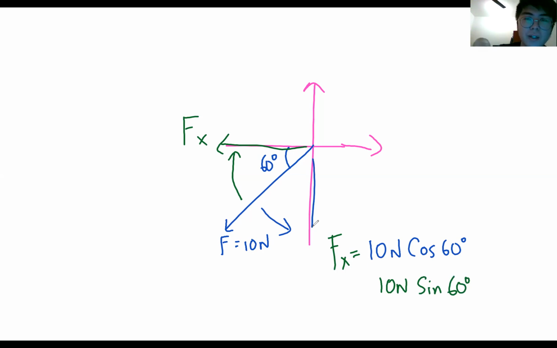That vertical component is your Fy. I use my mouse because my pen retracted again. So this is Fy. I'm just showing you a simple and very quick way to find the vertical and horizontal components. All right, now let's move on to the next one.